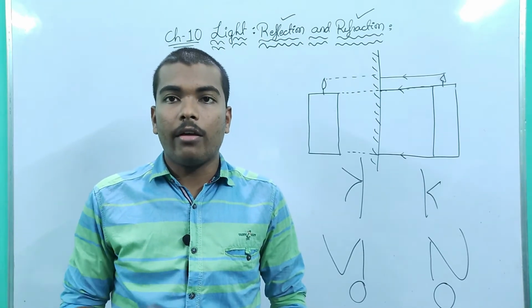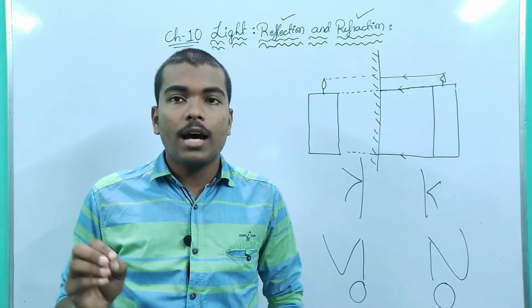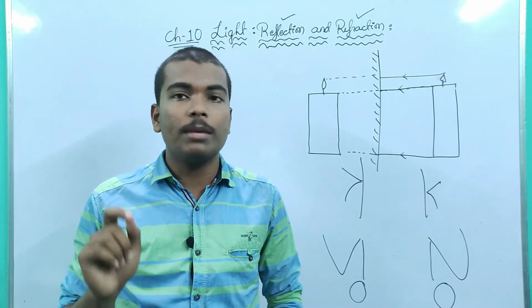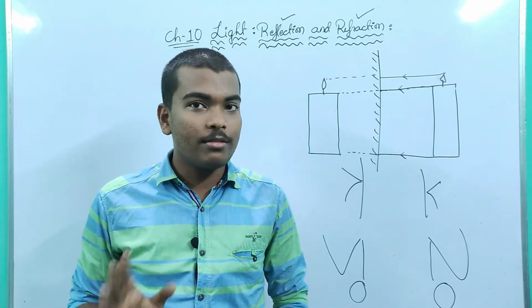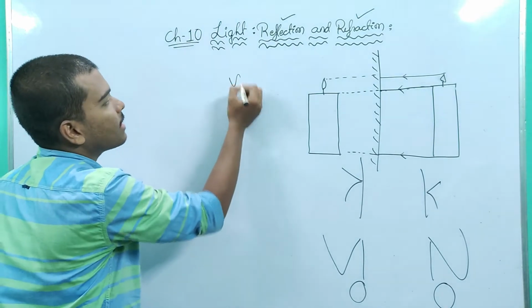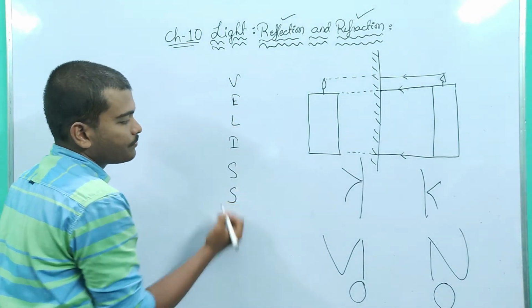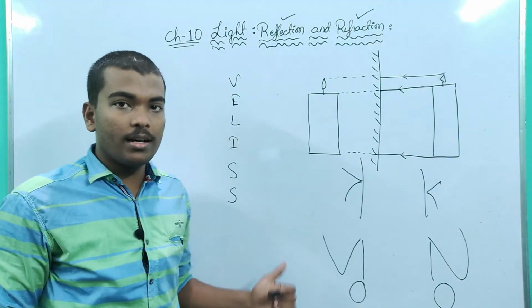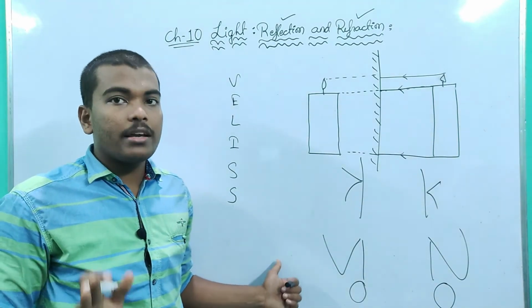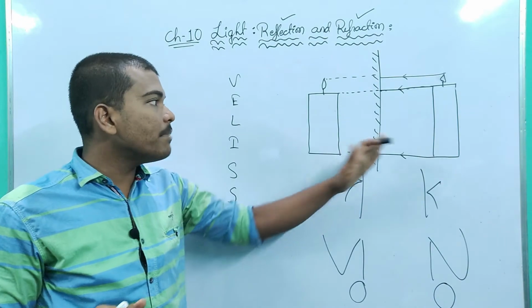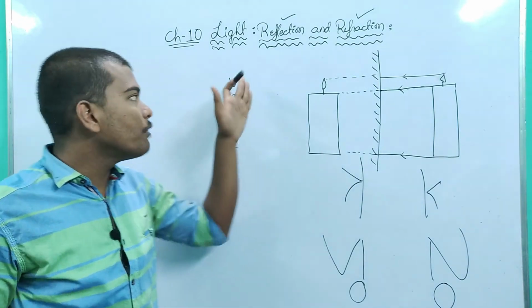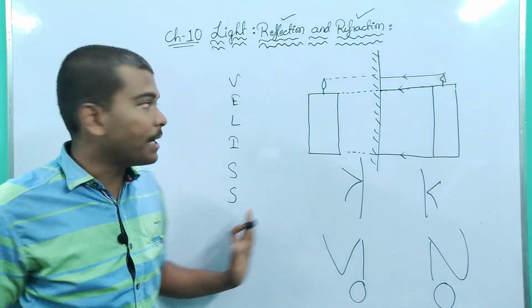Let us understand them with a technique. I have a friend in America whose name is Velis, which is spelled VELI and SS. So you are going to learn the nature and characteristics of the image formed in a plane mirror with Velis, that friend of mine.